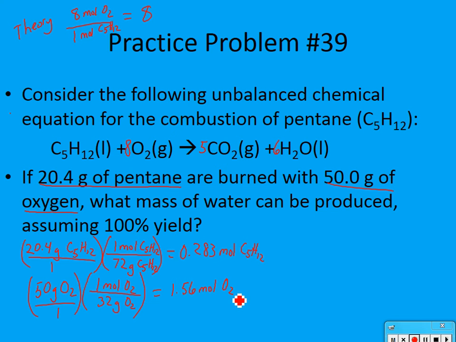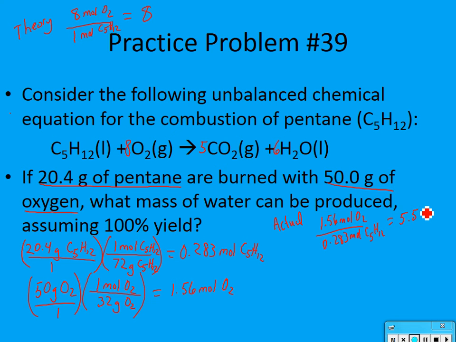Now, when you get to this point, actual molar ratio here, I've got to remember to put it in the same order. I put moles of oxygen on top, so I've got to have moles of oxygen on top here. So 1.56 moles of O2 for 0.283 moles of pentane. What does that come out to be? 5.5, thank you, yeah. 5.5.